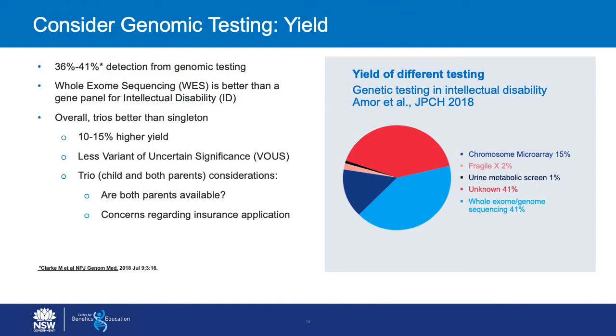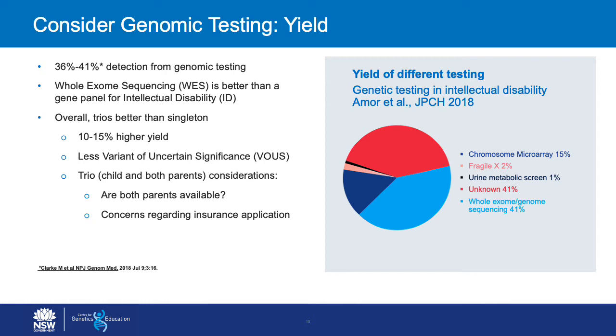In terms of syndromes and intellectual disability, which will be the common reason you order the test, whole exome sequencing is the test of choice because of yield. There is an up to 41% detection of a causative gene from genomic testing for intellectual disability. Whole exome is better than the gene panel for intellectual disabilities, and trios are better than singleton, as they have a 10 to 15% higher yield.